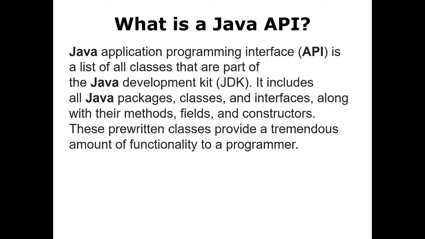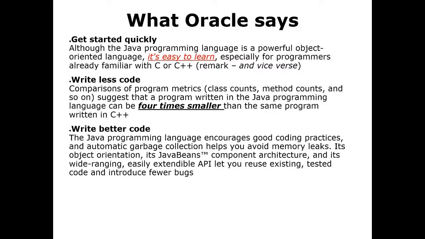These prewritten classes provide a tremendous amount of functionality to a programmer. So you are welcome to use all the features of the Java API. It's very useful for developers.